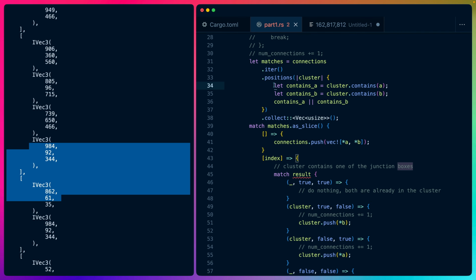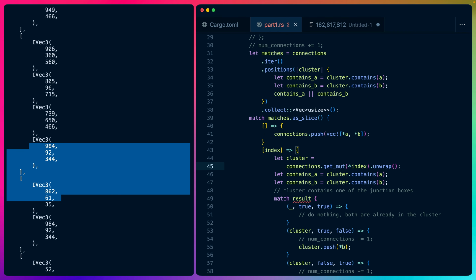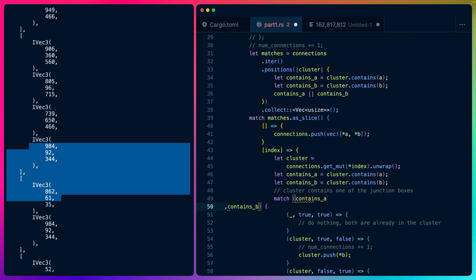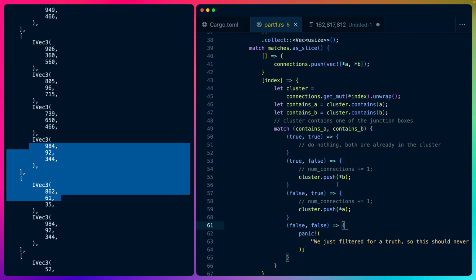And we need to do this calculation again, unfortunately, I think, because we have to know which one actually is contained. I'm going to spell my unwrap correctly, and we're going to get a mutable reference to that Vec. We are then going to match on the tuple that is contains for both of these. And the things that we need to do are like this.